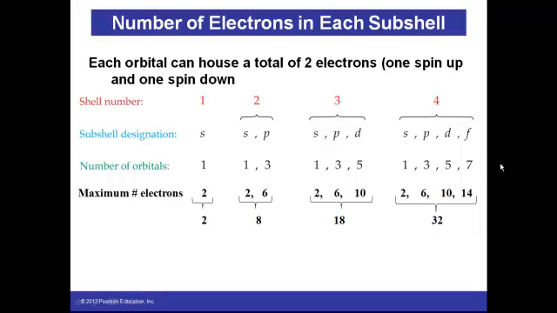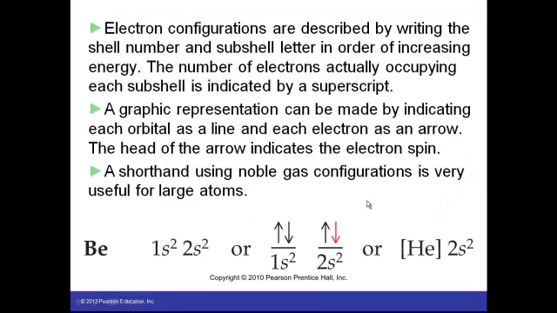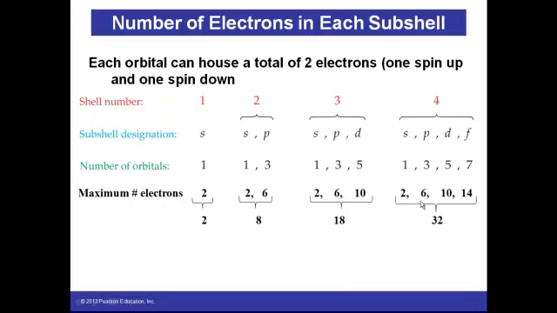You don't keep getting more orbitals because the space around the atom to make these orbital shapes is just not great enough to house any more orbitals. So electron configurations are going to be described by writing the shell number. I think this is a good place to stop for this section, and then we'll continue on with how you actually fill the electron shells in the next talk.